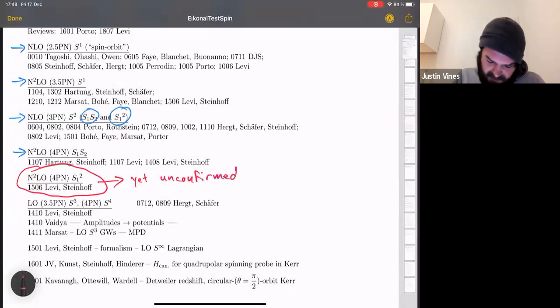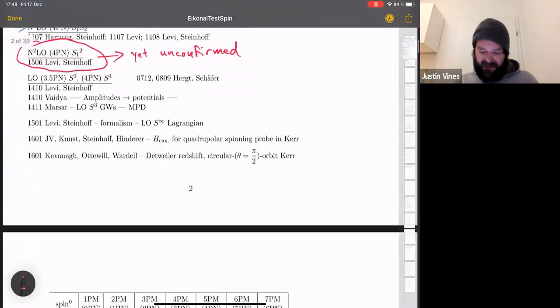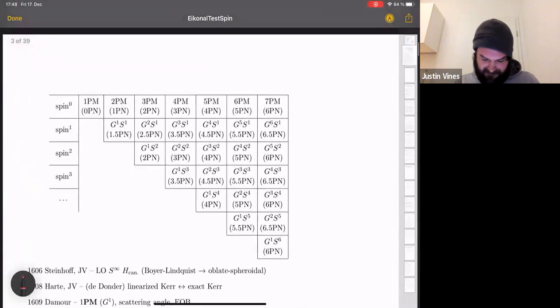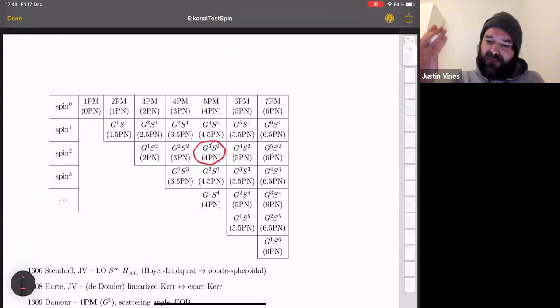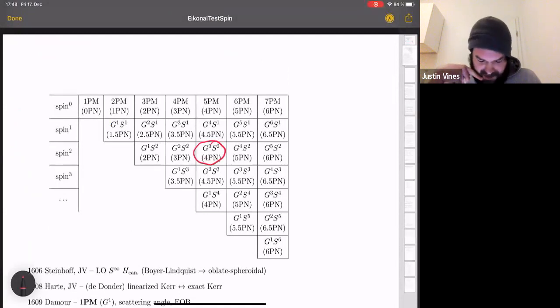And let me go locate that here. Where is that? Is this guy here. And also you notice if you wanted to do post-Minkowskian instead of post-Newtonian, you would have this guy complete with the G cubed S squared, which has not yet been done.